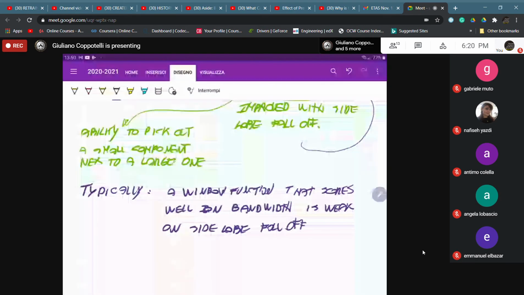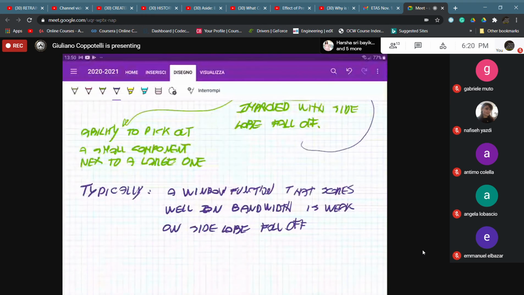So how can you choose between these two parameters? The choice is a sort of trade-off between these two properties.